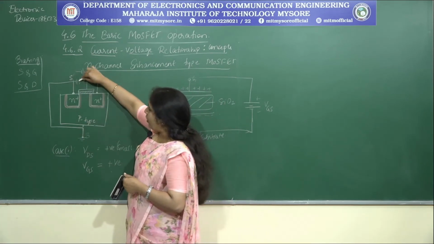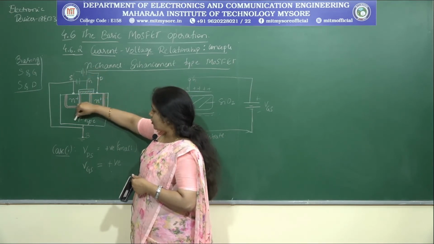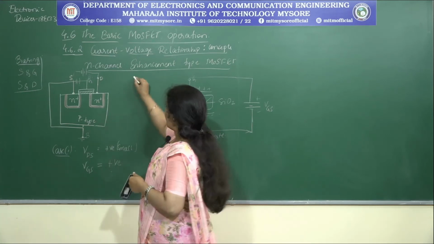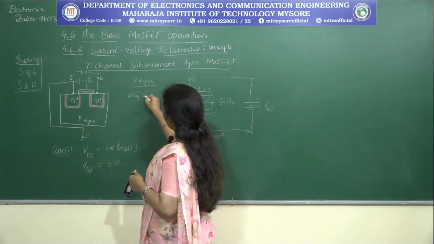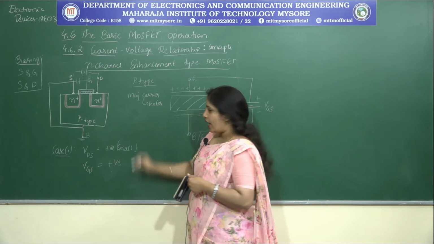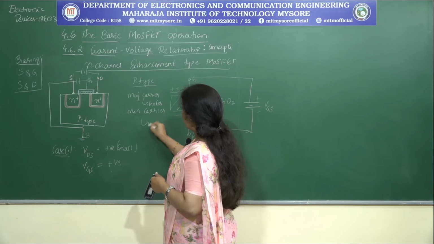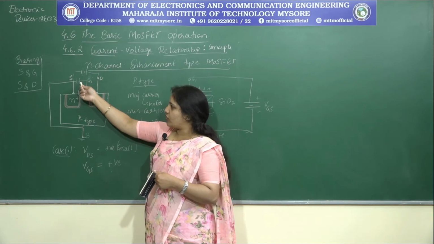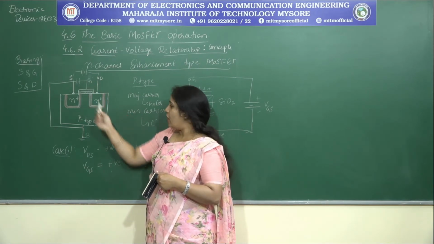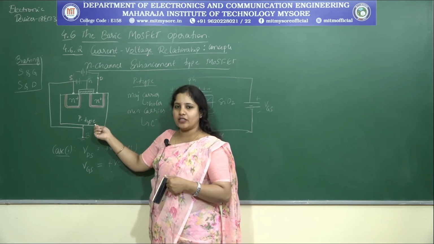Now, when I provide the positive voltage to the gate terminal, what is happening? See, when I consider the p-type material, what is this p-type made up of? The p-type has two charge carriers. One is the majority carriers. What are the majority carriers? It is the holes that we have, and the other is the minority carriers. And what are the minority carriers? It is the electrons. Now, when I provide a certain positive voltage at the gate, what happens to the electrons, that is the minority carriers present in the p-type?